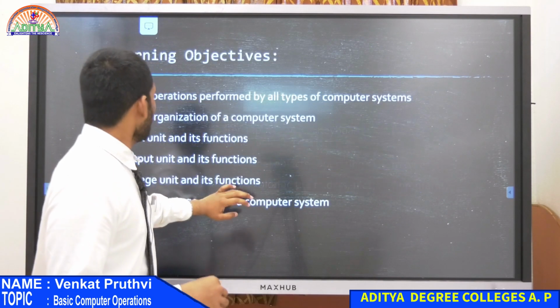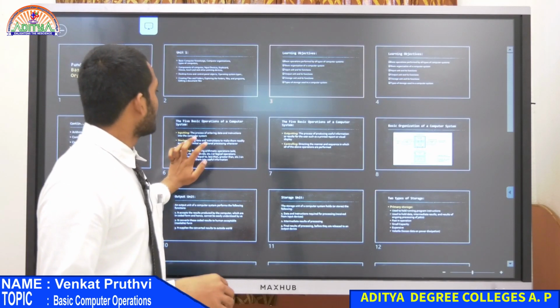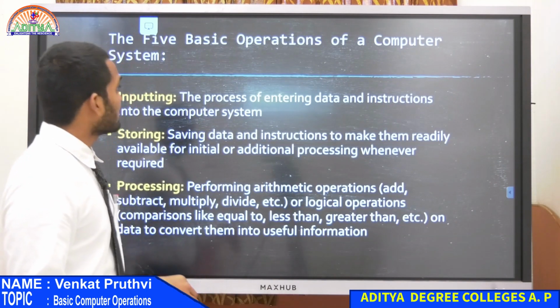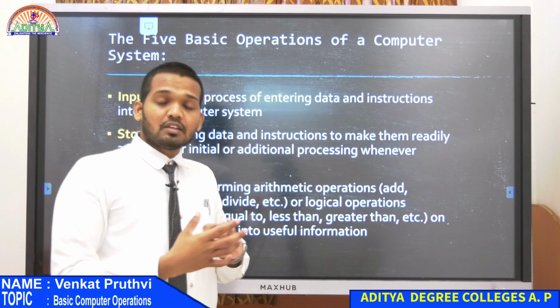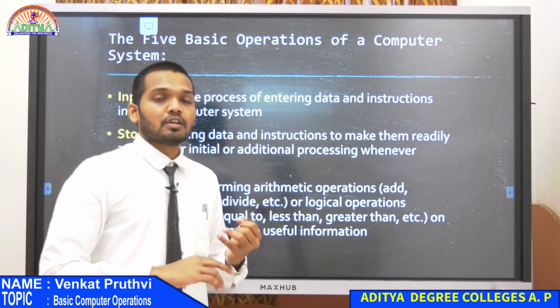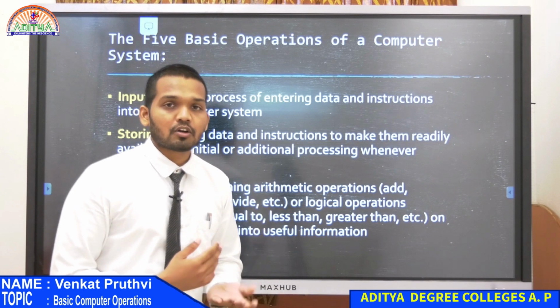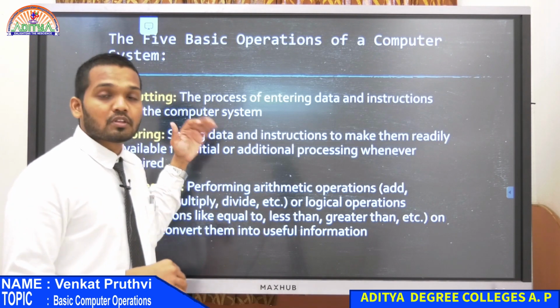Yesterday we were talking about the objectives, and we were discussing the 5 basic operations of a computer system. What are they? Initially, without any input you cannot get an output. So first of all, for a computer to perform a task, you have to give some input to the computer.